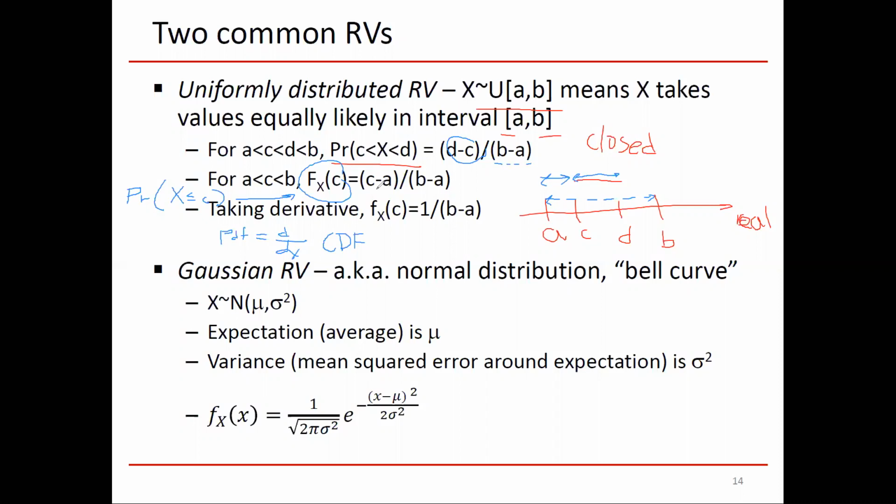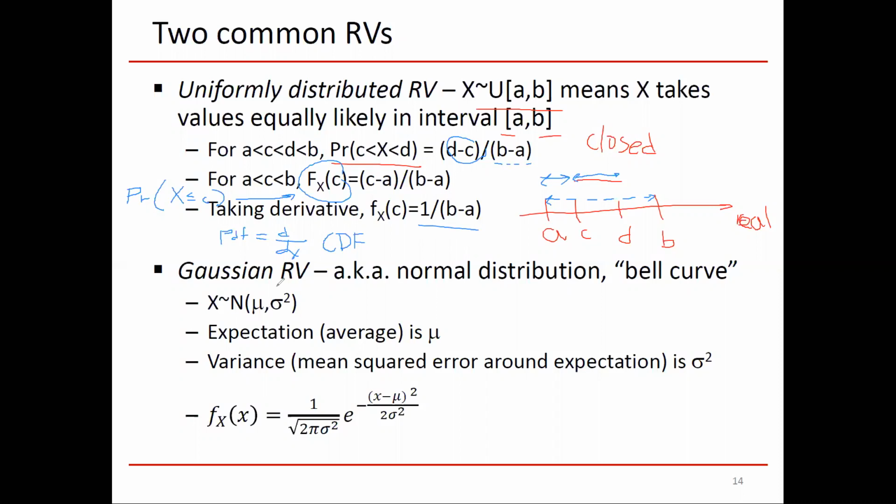So we're taking a derivative with respect to C, assuming that it's in that interval. The derivative of the numerator, C minus A, is just 1 because we're taking a derivative with respect to C. And we're dividing by a constant, B minus A, and therefore the derivative is 1 divided by B minus A. So that's a uniform random variable.